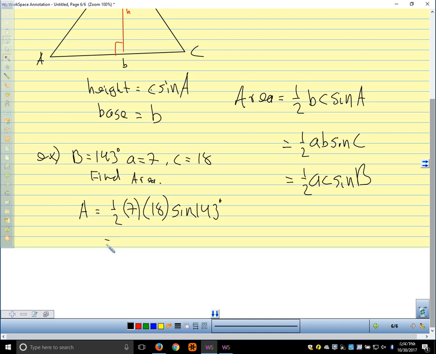We plug that into our calculator, and we get about 37.9 square units. As far as rounding goes, does it vary between the problems? Yeah, the problem will tell you round to the tenth or whatever. If it doesn't tell you, if you round to the tenth, you'll be fine. Okay, so now we know two area formulas for the area of a triangle. Questions?